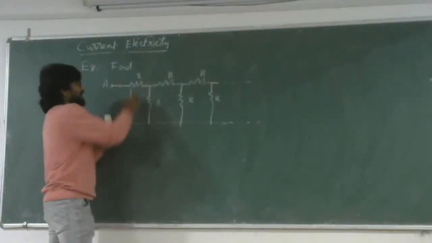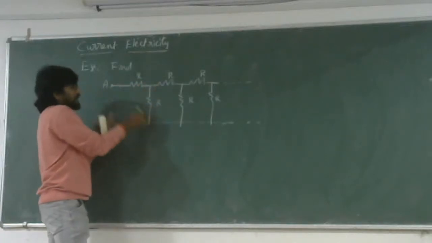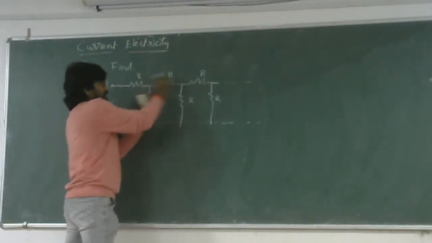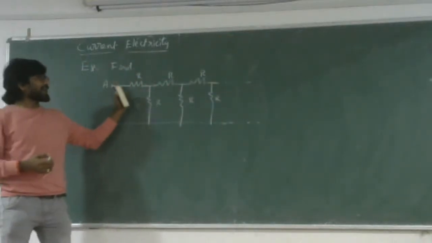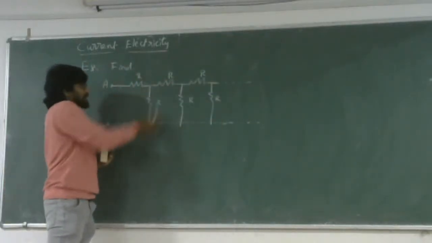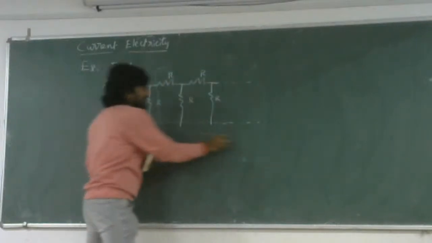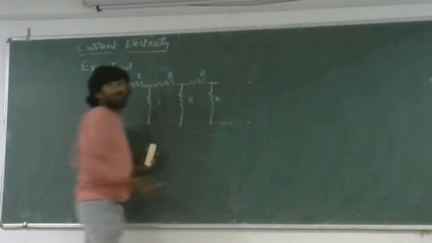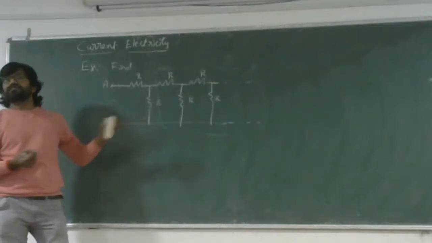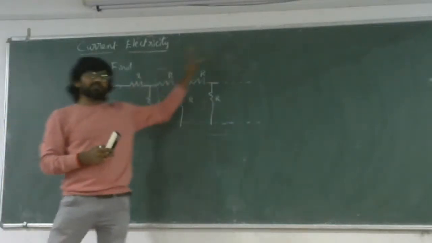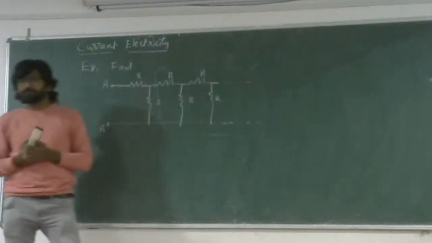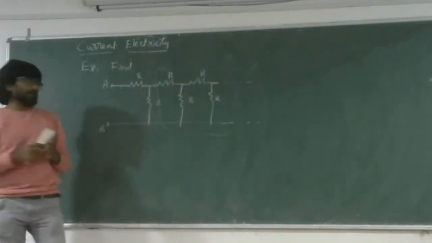If you observe here, this R and R is one element. These kinds of elements repeat continuously, going up to infinity. So this is a repetitive element, a basic element. The next step, after identifying this, is to replace all these with one single resistor.